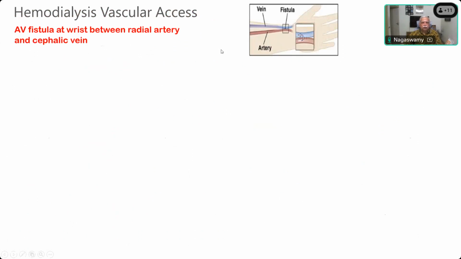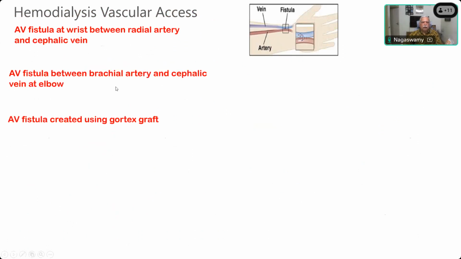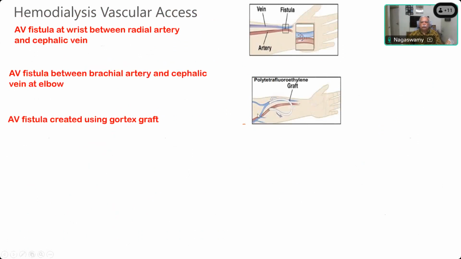So this is the commonest method that is done for patients with CKD. Some patients may not have adequate size vessels at this level, then you go for the brachial artery and cephalic vein at the elbow. And even if these vessels are also very small, you can use an artificial graft to create the communication between the artery and vein. So this is how the communication is usually done at the cubital fossa level between the cephalic vein and brachial artery, whereas here it is the radial artery and cephalic vein.